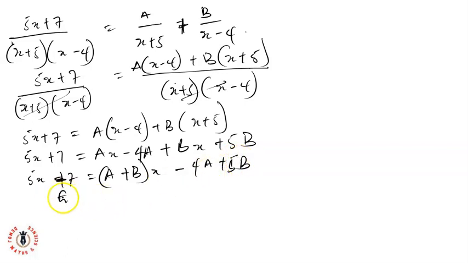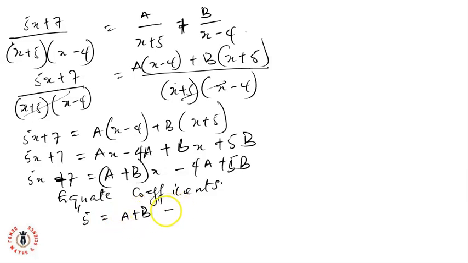Now the next thing is for us to equate coefficients. Where I have x, we'll equate them together. My 5 is equal to A plus B. Let's call that equation 1. And my positive 7 will be the same thing as minus 4A plus 5B. Let's call that equation 2.